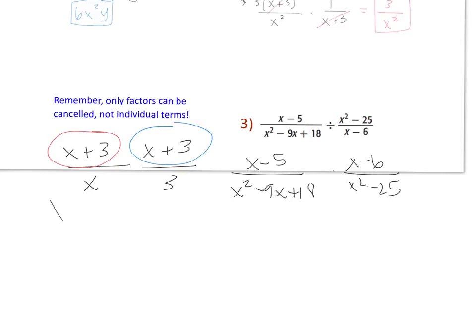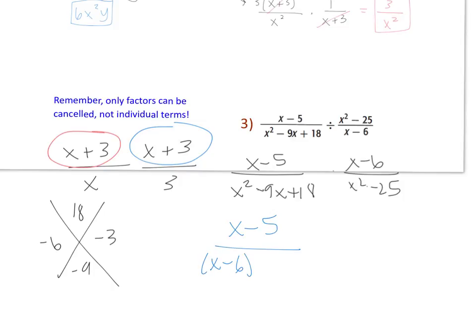So I need to figure out factors of 18 that when added together give me negative 9: negative 6 and negative 3. So what I actually have now with this first fraction is x minus 5 over x minus 6 times x minus 3. Now that's multiplying by x minus 6 over, and then x squared minus 25 is a difference of two squares. So what that factors to be is x minus 5 times x plus 5.